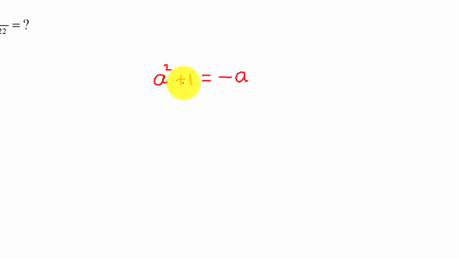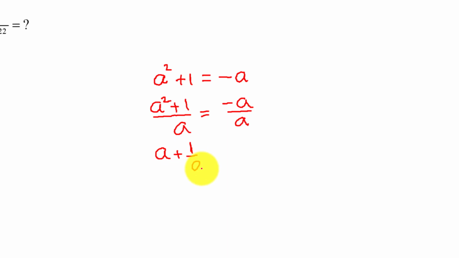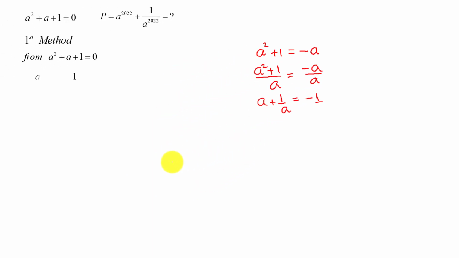And then I divide both sides of this equation by a, so I get a squared plus 1 divided by a equals minus a divided by a. And from this we get a plus 1 over a equals minus 1. So we have this expression: a plus 1 over a equals minus 1.